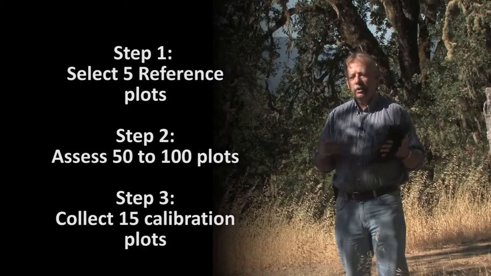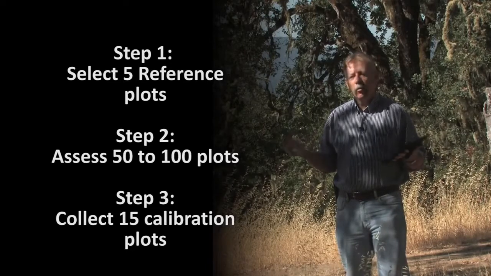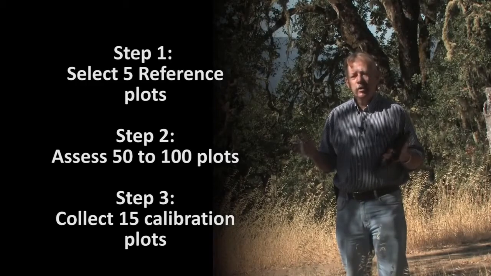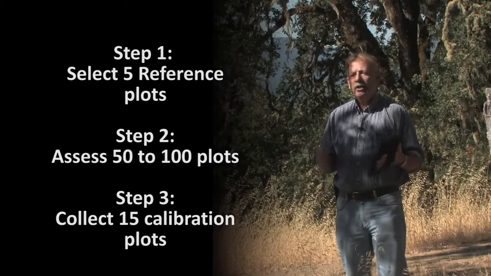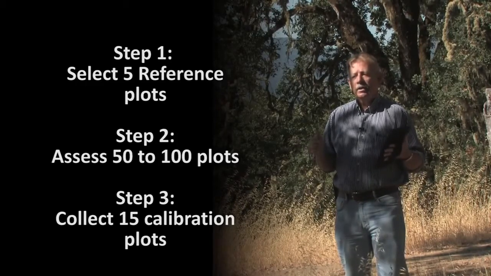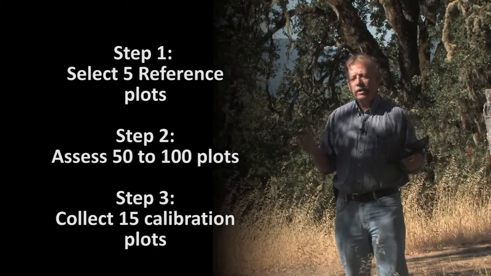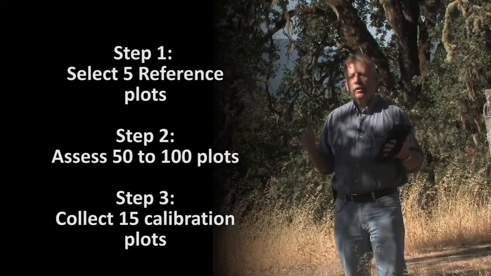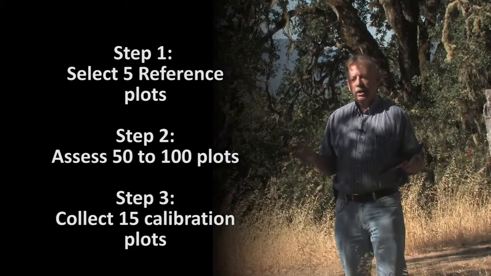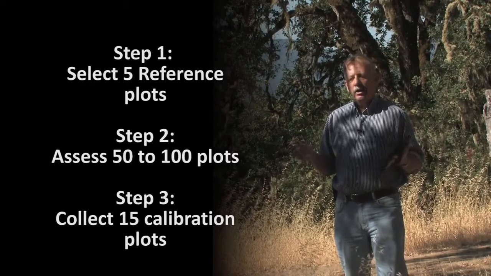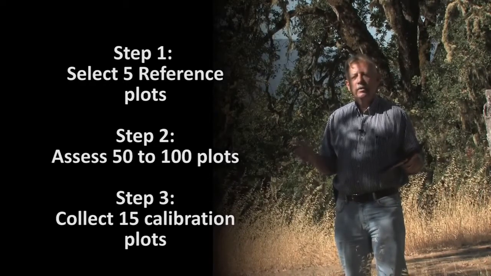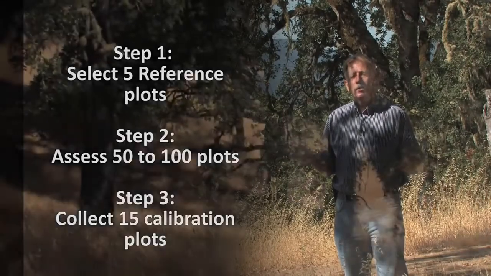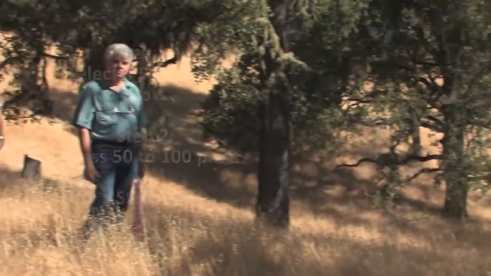You essentially collect 50, 100 or more points where the observer ranks those observations on that 1 to 5 scale. And the last step is to set out 15 or more calibration quadrants where the observer goes out, ranks those again on a 1 to 5 basis, and the team comes back and clips and weighs those 15 or more calibration quadrants, just as was done on the small plot clipping.